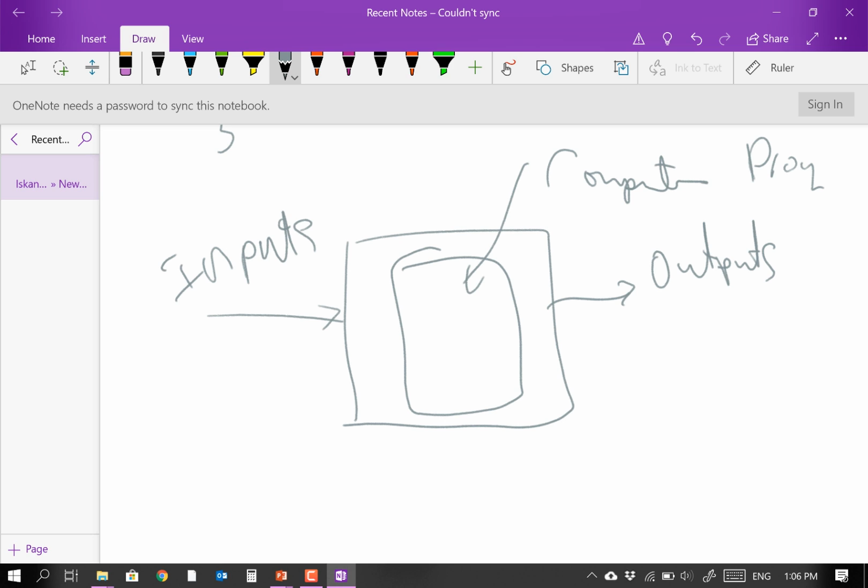The computer program receives the signal from the accelerator pump, and then the output is the position of the gasoline valve that controls how much fuel goes through the fuel injectors that drive the engine of the car.